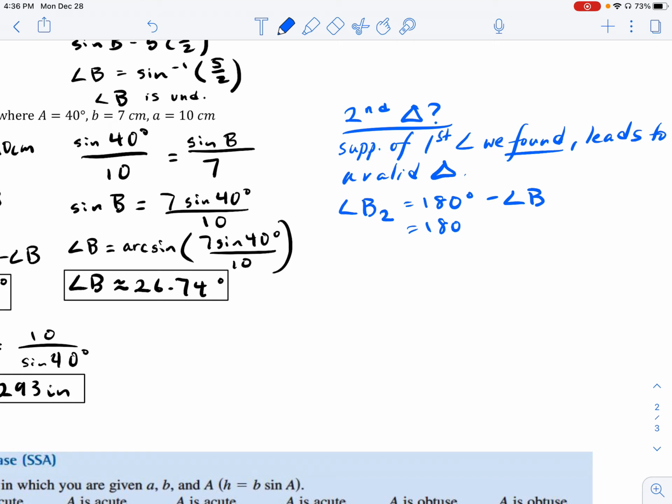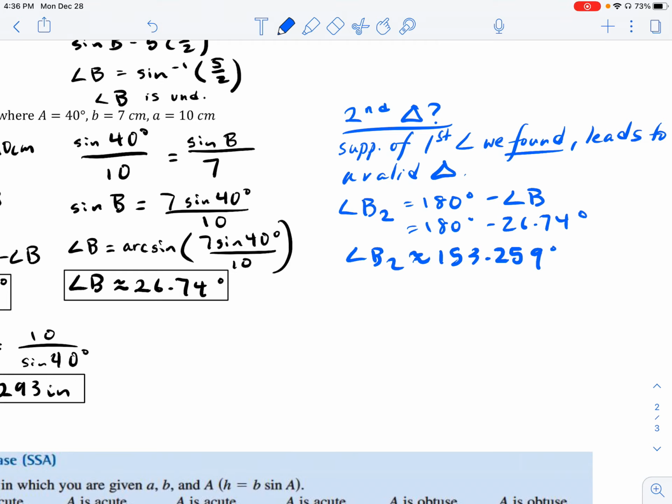So 180 minus 26.74 degrees, if that exists, angle B2 would be approximately 153.259. And so we would say, all right, so far, we're saying that if the second triangle exists, angle B2 would be 153.259. So far, I don't see any issues.